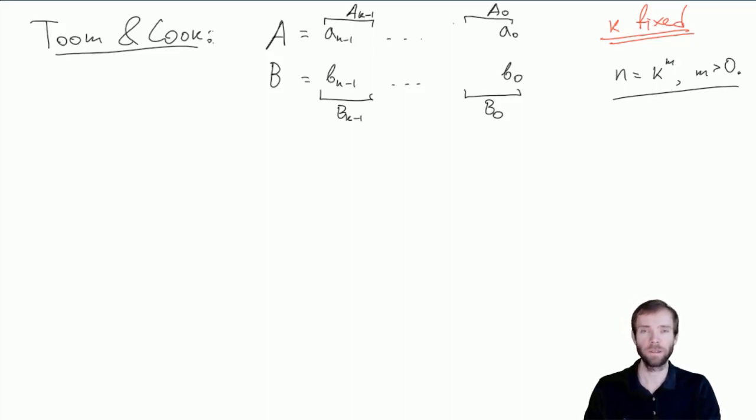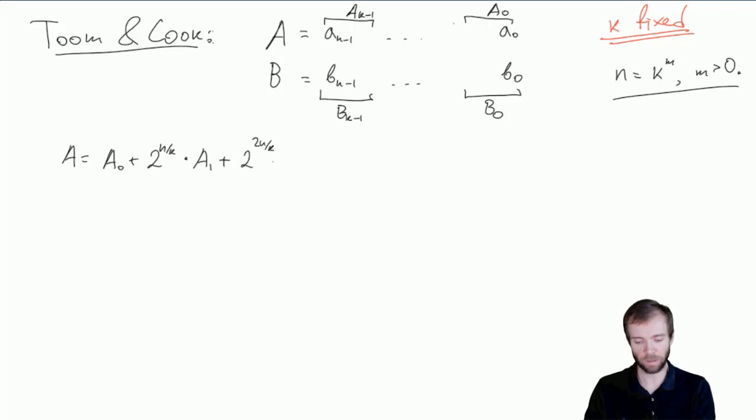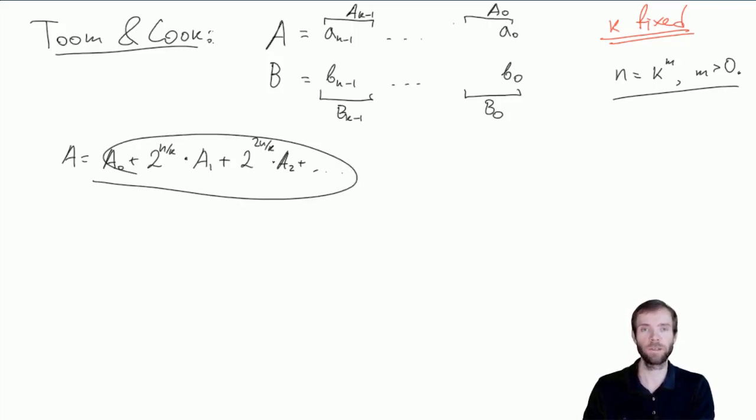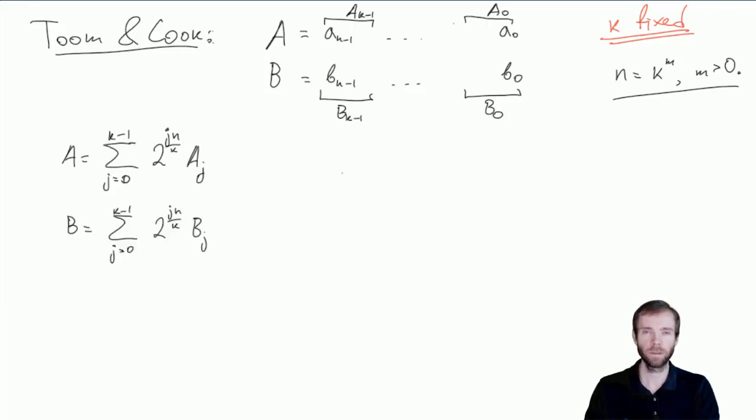Then, as we did in Karatsuba and Hoffman, we can express a through its parts, and the expression that we get would be like a0 plus 2 to the power of n over k times a1 plus 2 to the power 2n over k, a2, and so on, and the same for b. We'll use a compressed notation by using summation operator here.